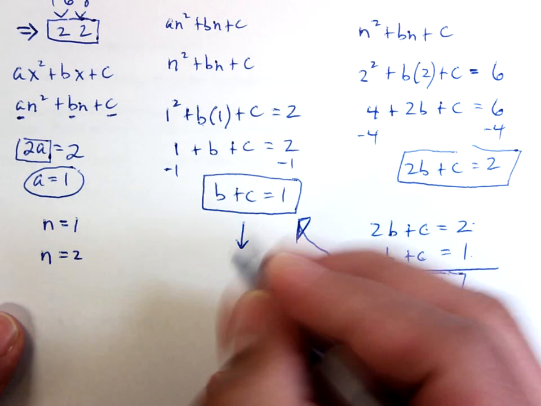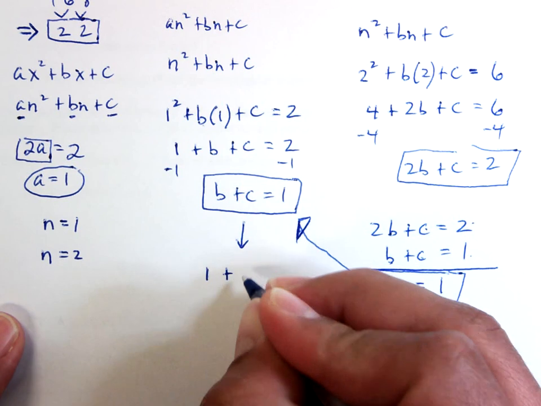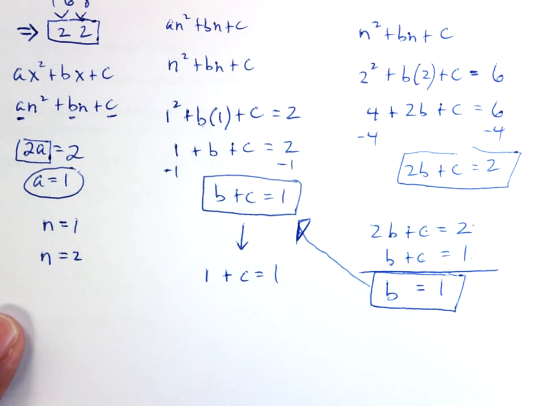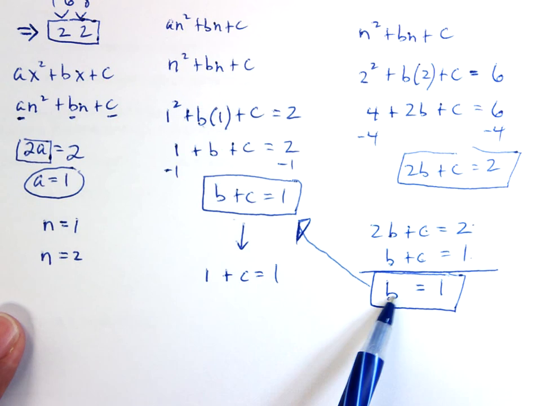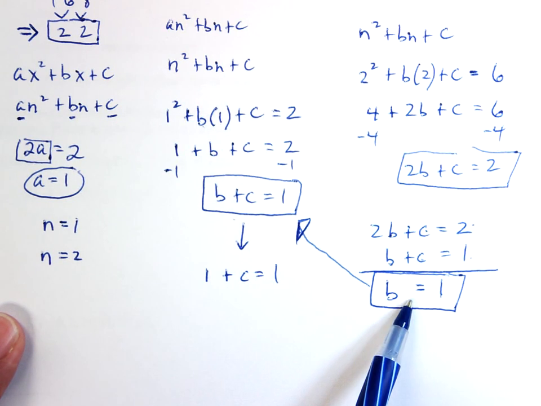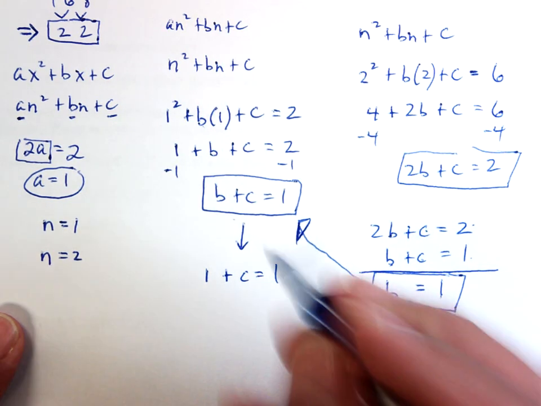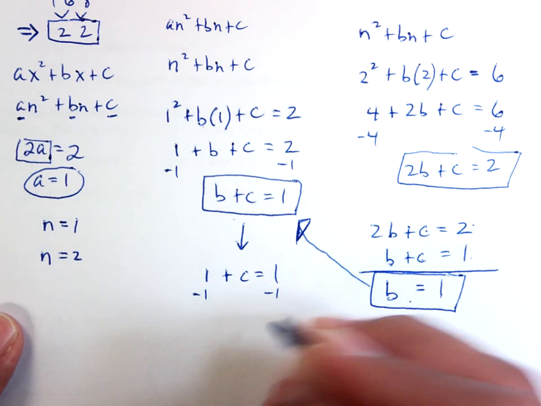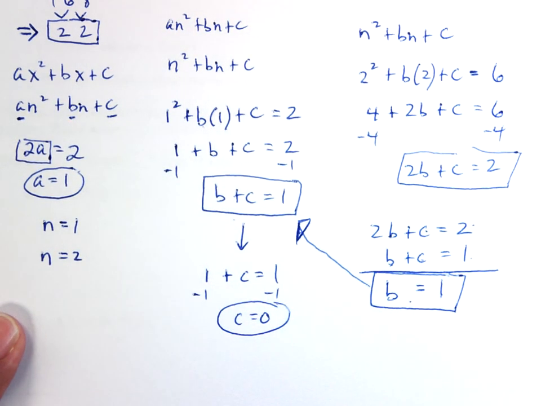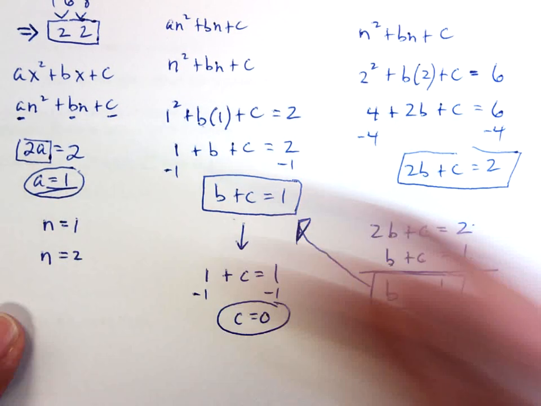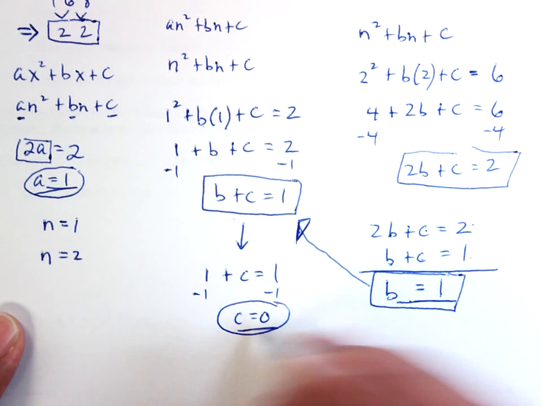So I'll write 1 plus c equals 1. Because I use this equation substituting 1 for b, because now I know that 1 is b. So subtract 1 from both sides, and I get c is equal to 0. So now I've got all three. There's my a, there's my b, and there's my c.